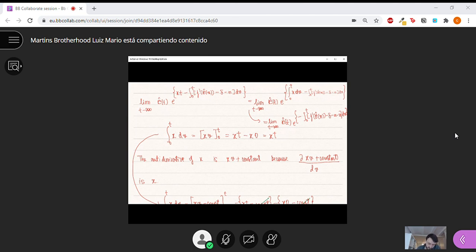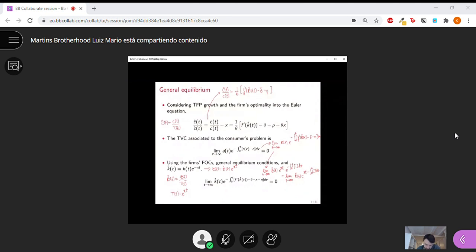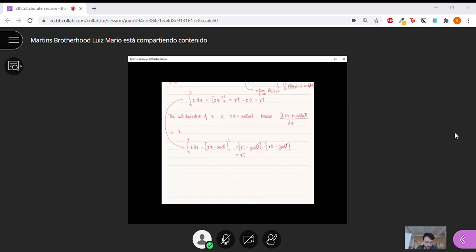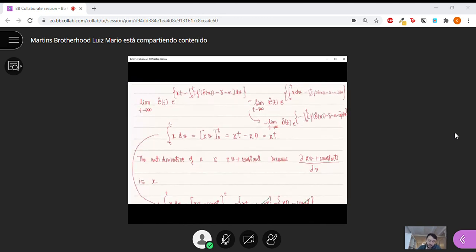Okay, so that's why I can go from here to here. So first we started with k without hat, and if I put k with hat, I need to include also the exponential of xt, and then I can put this x inside the integral, because I can do the opposite operation and transform this xt into an integral.